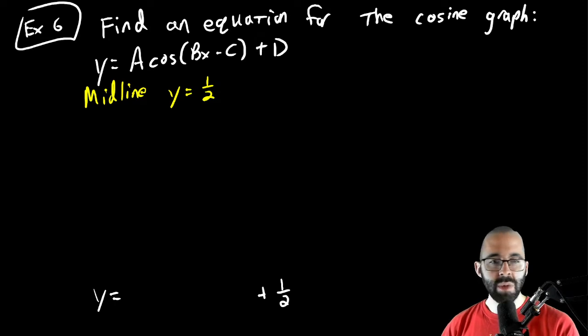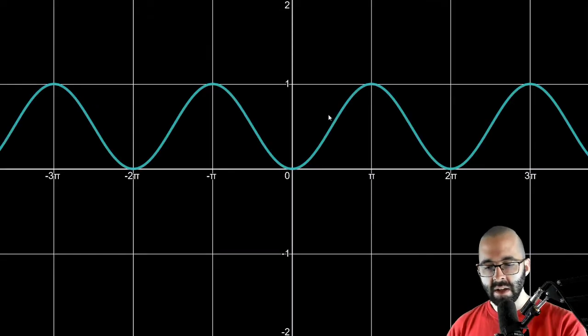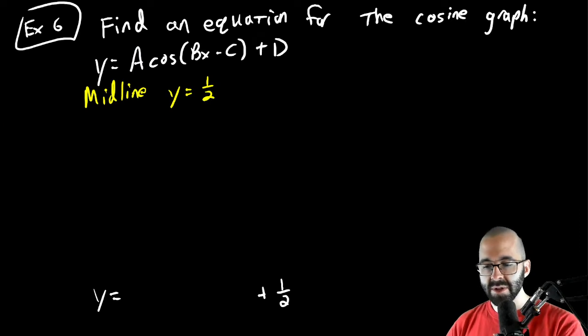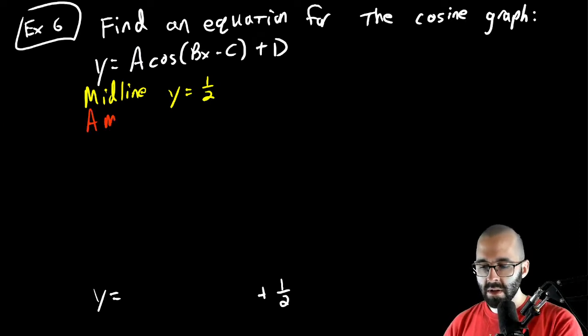We also can look at the period, the amplitude. Doesn't matter what order you do things in. Well, let's look at the amplitude, right? If we're starting in the middle, the amplitude is how much above the middle do we go and how much below the middle do we go. So from the middle, we go up 1/2 or we go down 1/2. The amplitude is 1/2.